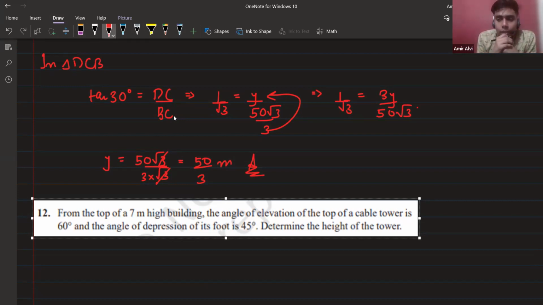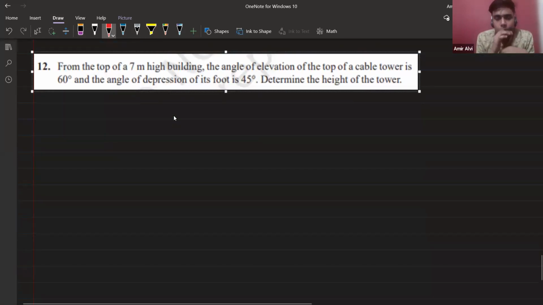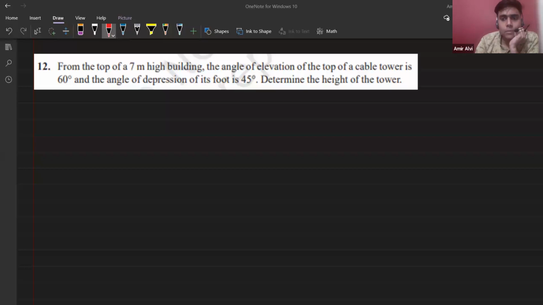Can anybody draw the figure? In NCERT similar kinds of questions are there, but I need different varieties, so that's why I'm specifically taking each and every variety.